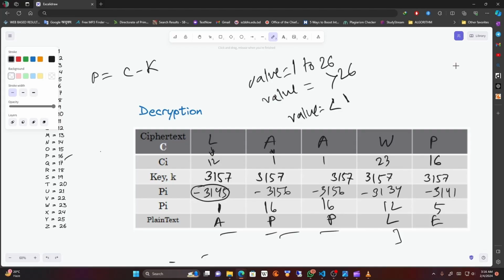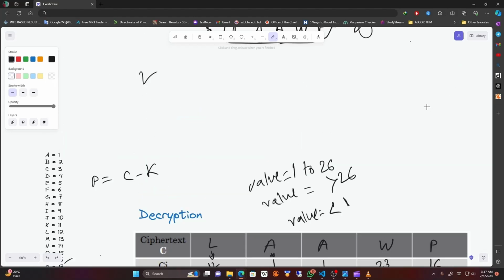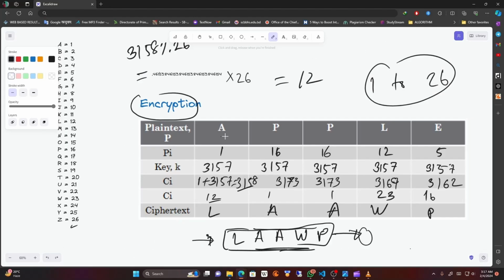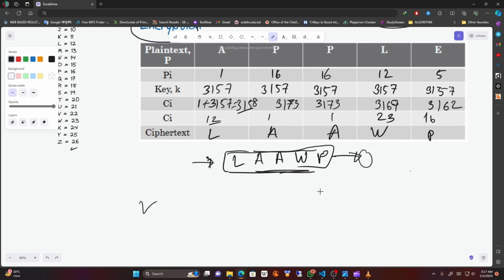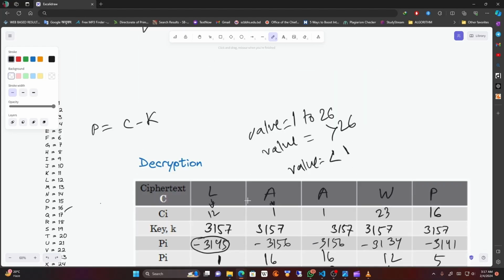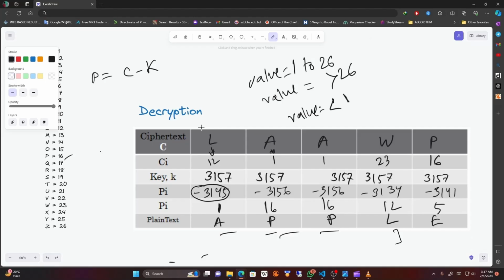We can identify that after converting the ciphertext into plain text, we get apple, which is the message we initially began the encryption with. Here we encrypt this apple keyword and we get LAAWP as ciphertext. Then we use this ciphertext and decrypt this message, and we get apple as a result.